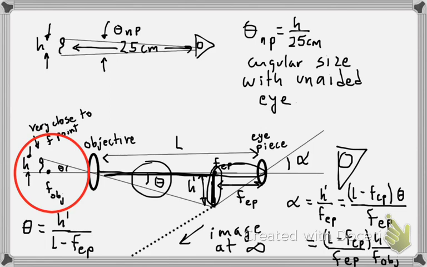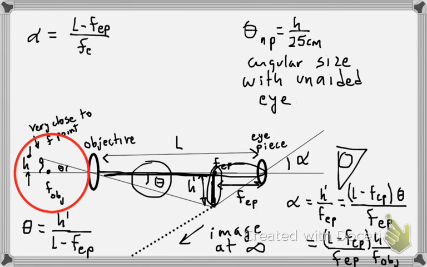Theta can also be written as the actual size of the object divided by, remember that the object is close to the focal point of the objective, so h divided by FOBJ is the angle theta. So replacing theta with h over FOBJ, we are getting pretty close to the magnification.